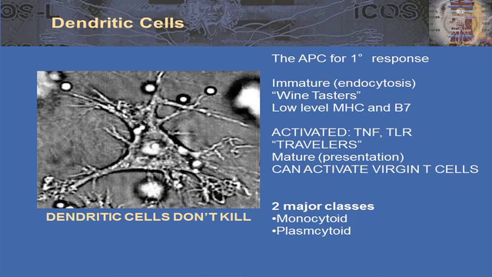Other people have called them sentinels. If you use a kind of militaristic analogy for the immune response, these are located in peripheral tissues, in the submucosa, in the respiratory tract, under the skin. And as Langerhans cells, they will sample a signal, determine whether it's dangerous or not. And if it's dangerous, they do several things.